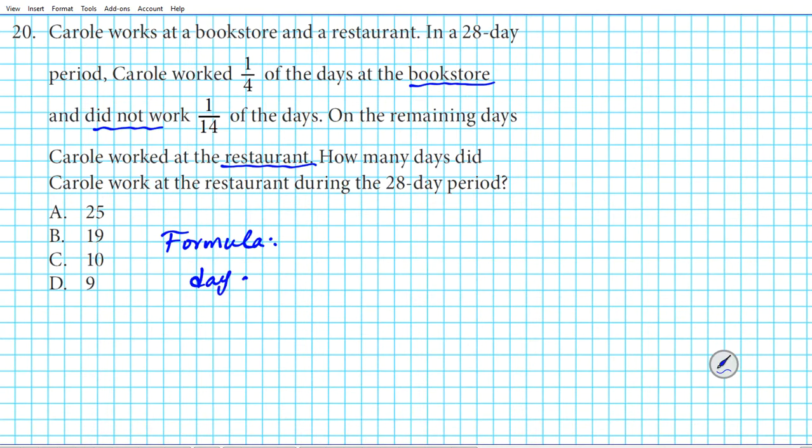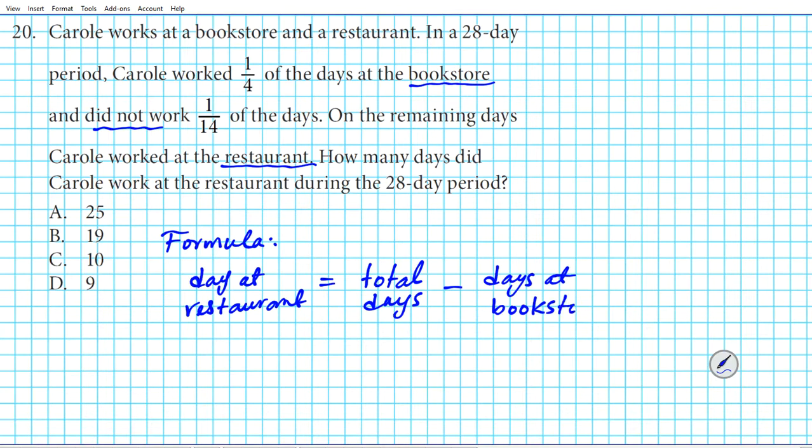Days at restaurant is equal to total days minus days at where? At the bookstore, minus what?